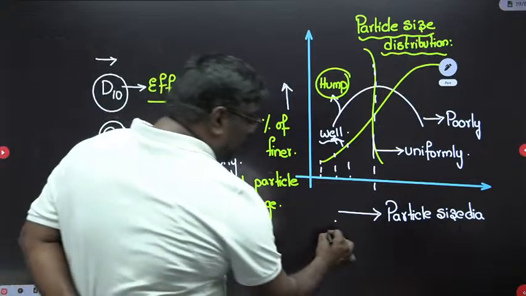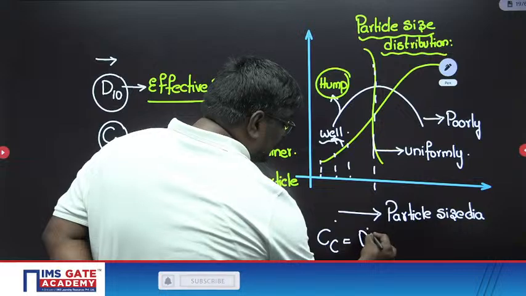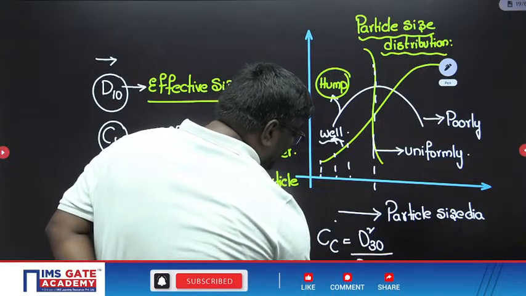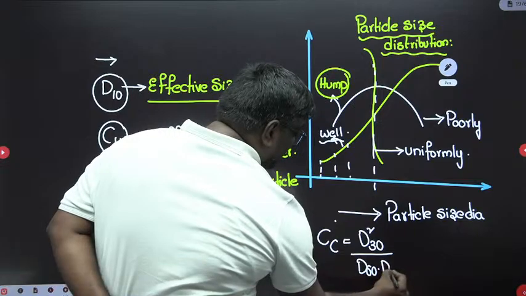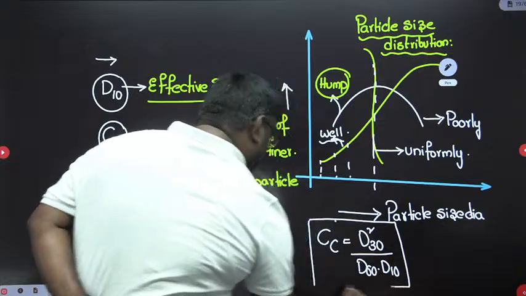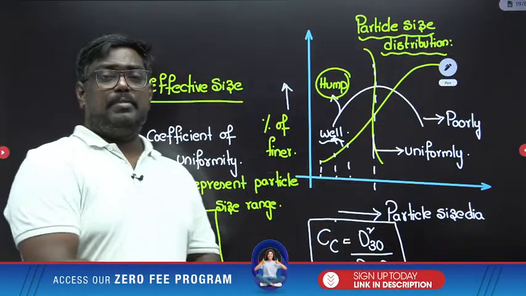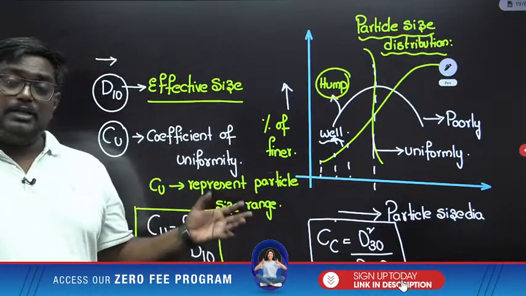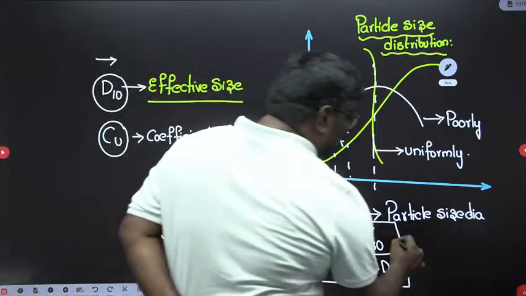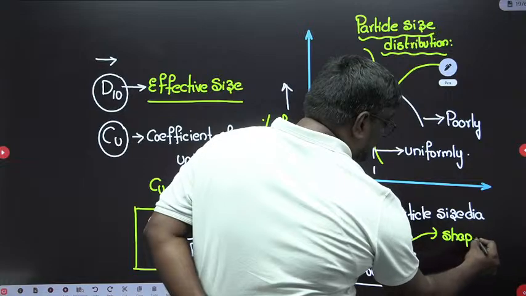Similarly, we have the coefficient of curvature, CC, given by the formula D30 squared upon D60 into D10. Always remember, my dear students, the coefficient of curvature represents the shape of the curve.